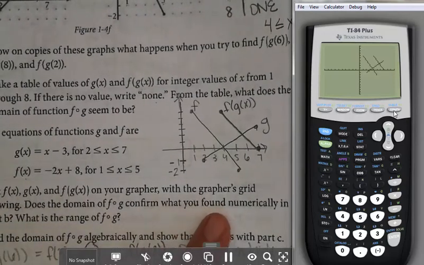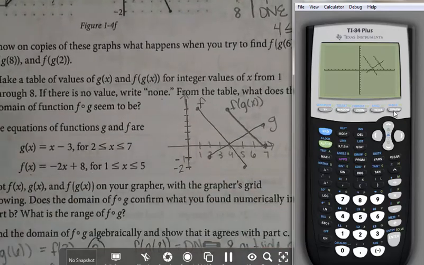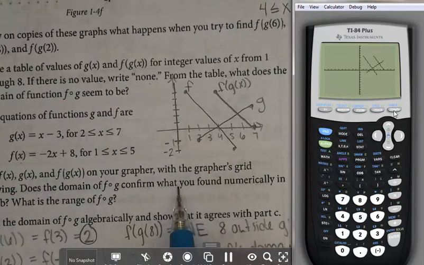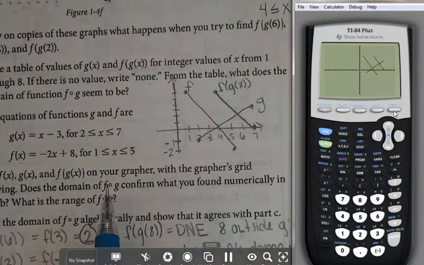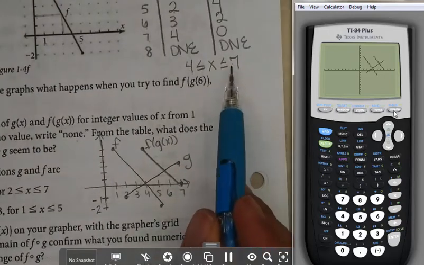I don't think so. Confirm what you found numerically in part B. I think we just did that. Does the domain of f of g confirm what you found numerically? Yes. We found that the domain was going to be between 4 and 7.